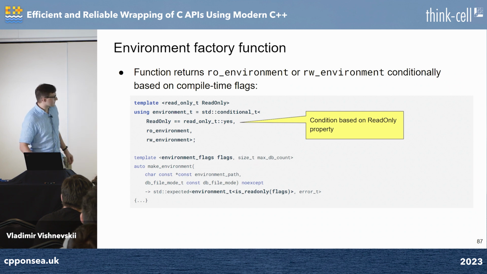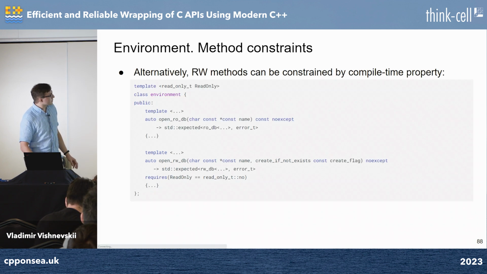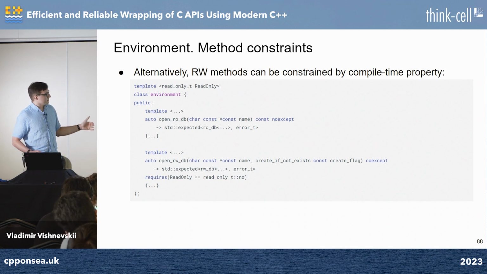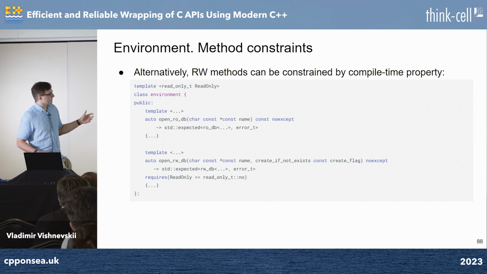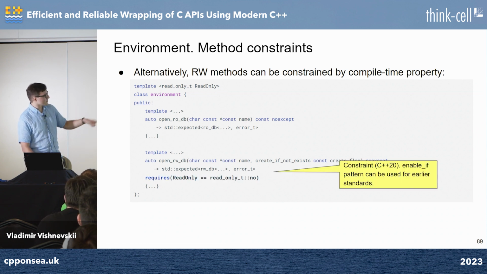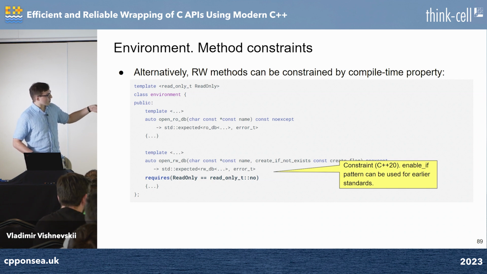Alternatively, starting from C++20, in a much simpler way than before, we can also disable some interface based on the compile-time configuration that we have. So here, for example, we have read-only, and we use requires to require for this function that this condition is satisfied.